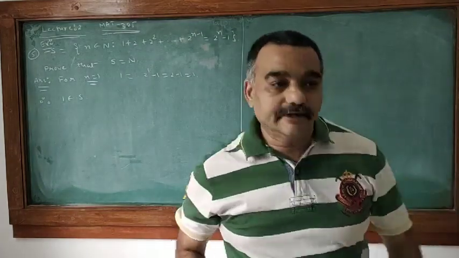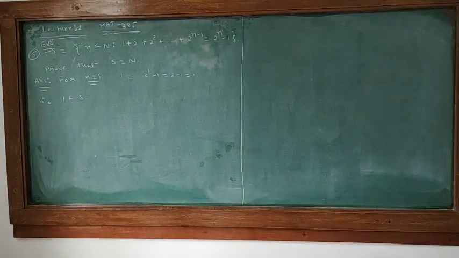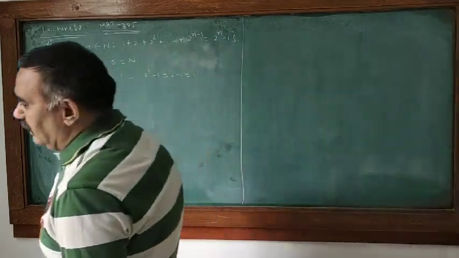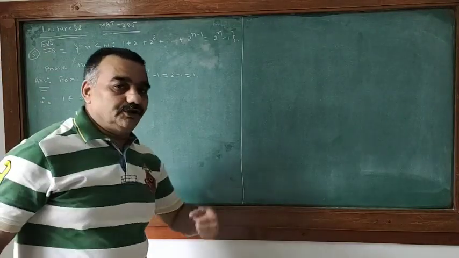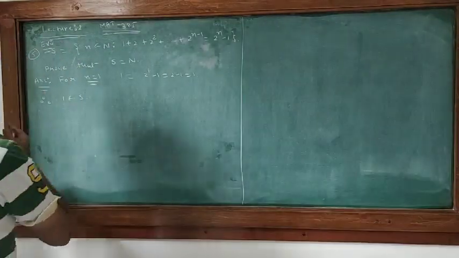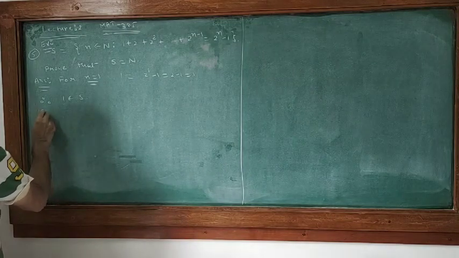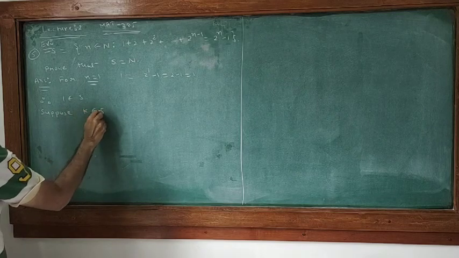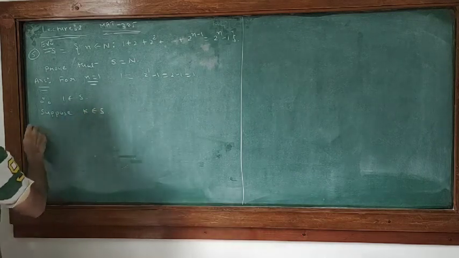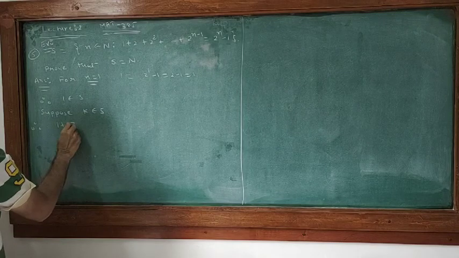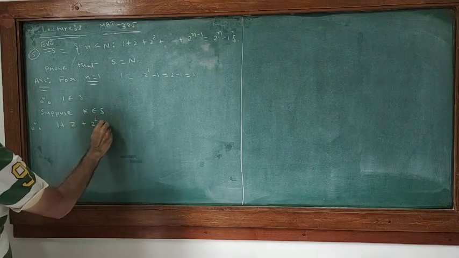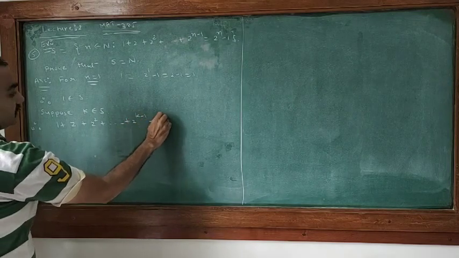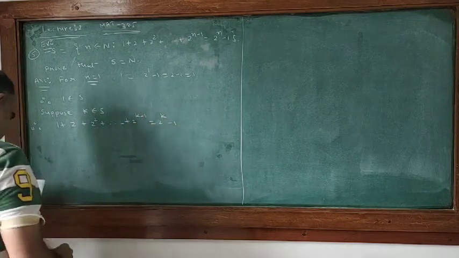Next, we suppose this result is true for n equal to k, and we prove that k plus 1 belongs to S. Suppose k is in S, and therefore 1 plus 2 plus 2 squared up to 2 raised to k minus 1 is equal to 2 raised to k minus 1.